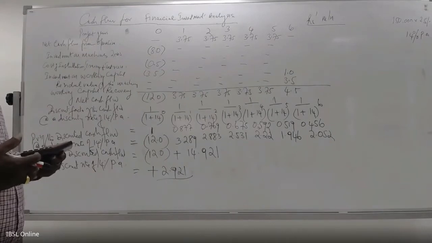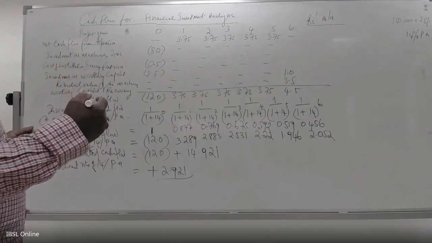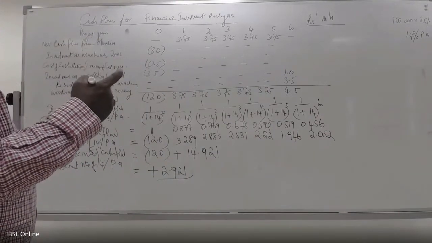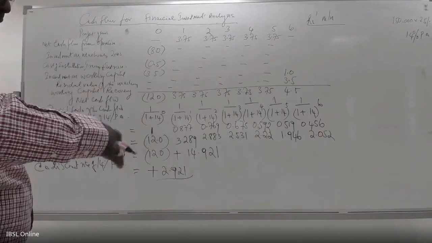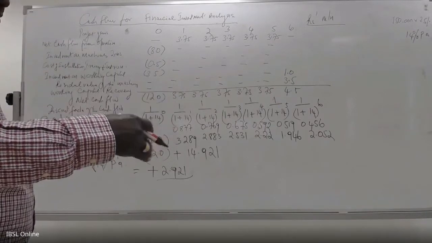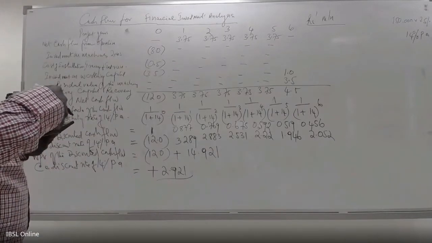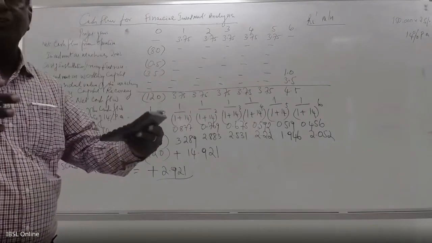NPV. So here in this one, we have additional investment. One is the investment on machinery plus the investment on installation, training of staff, and test running, plus the working capital. Working capital is also investment.